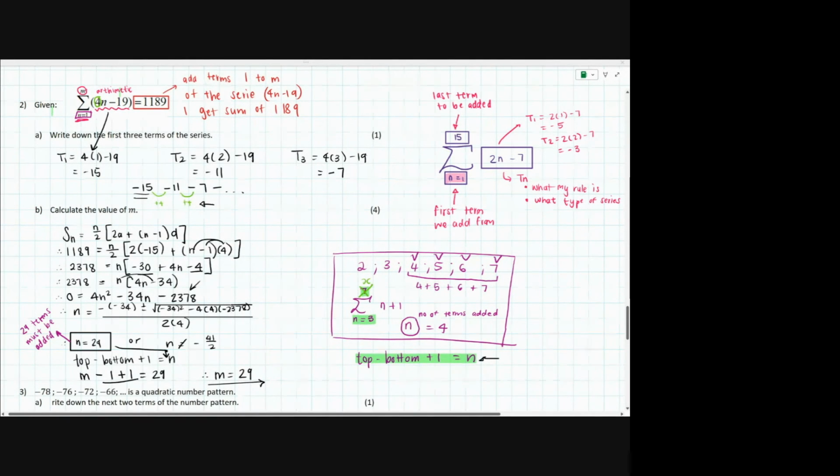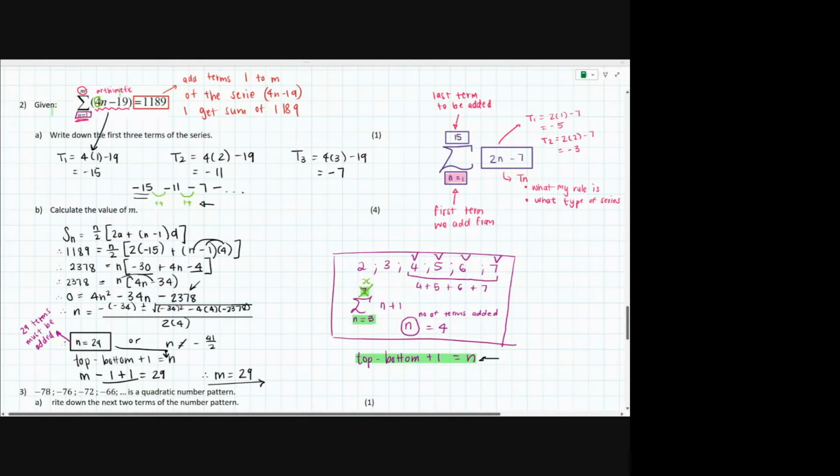So, ma'am, is it also possible for a question to give us the n value and say n equals, I'd say 4, for example, and then if the n value was 5, so would it be just a question where they tell us to calculate m for maybe like 2 marks, which would just be top minus bottom plus 1 equals to n, and then we just solve to find the m value?